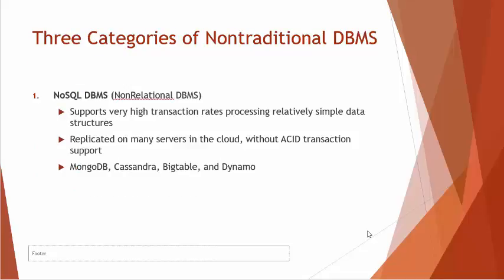So some non-traditional relational databases. We've talked about what NoSQL means, non-relational. So it's high transaction rates and very simple data structure. So you might have just one table. You're not going to have to link up a bunch of different tables.